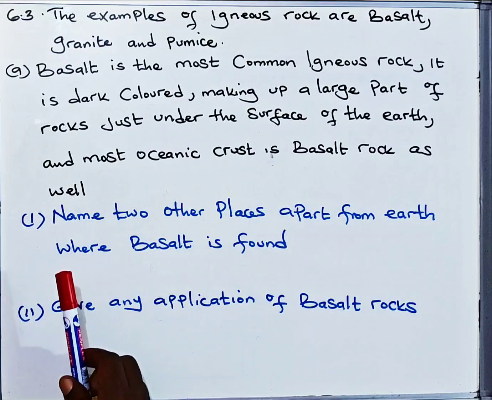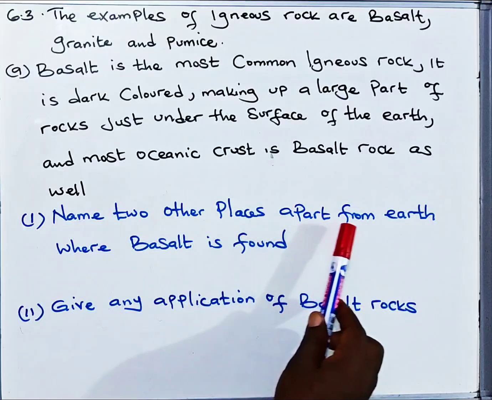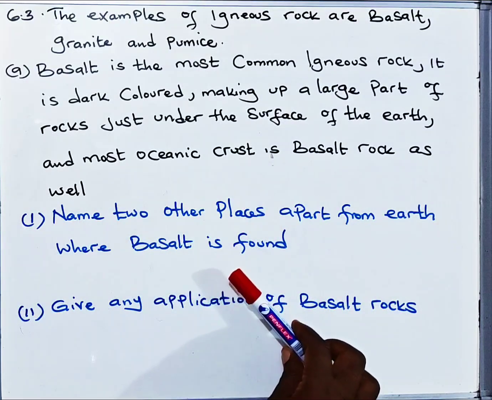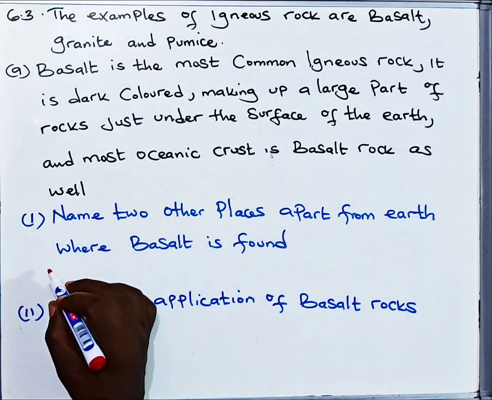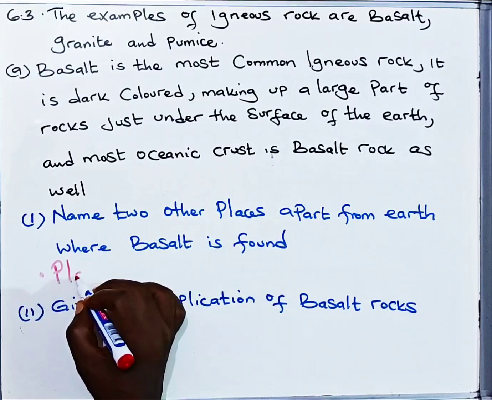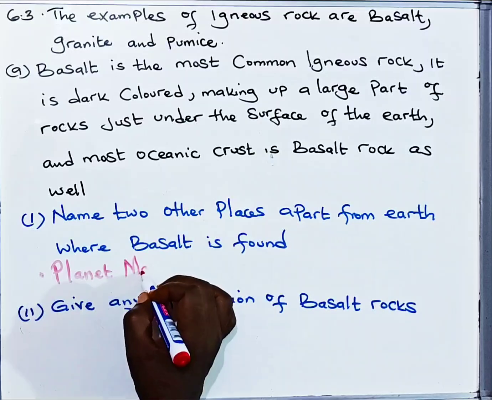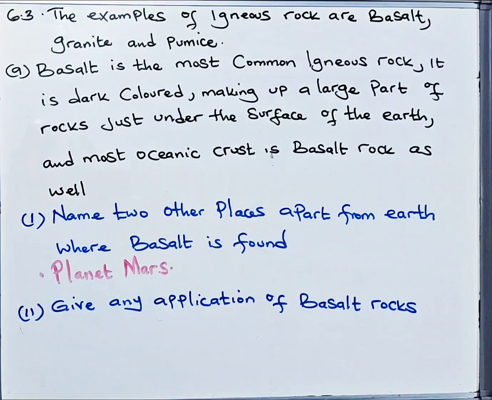And the question says, name two other places apart from earth where basalt is found. One is planet Mars. Planet Mars has basalt.